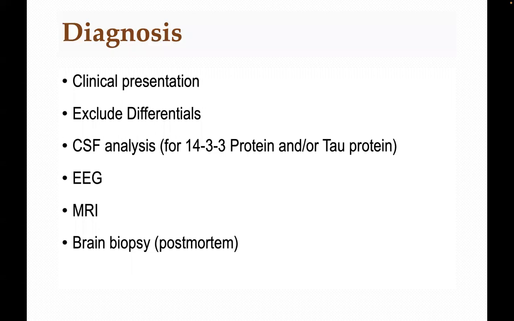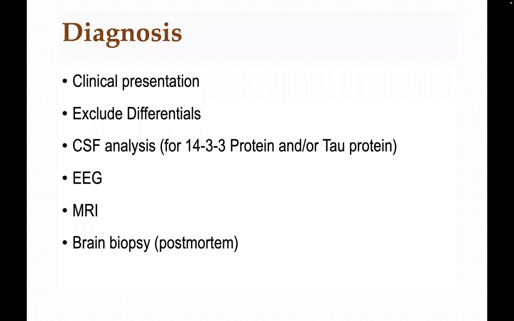And then we need to exclude differentials such as blood counts, because remember we said that the prion protein is not viewed as foreign by our blood cells. So in such a case, there will be normal levels of white blood cells, because we are not mounting any immune response to them, so we cannot use that for diagnosis.